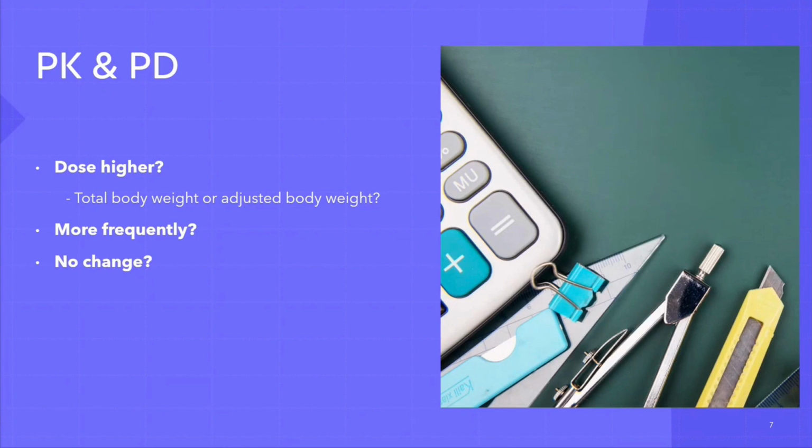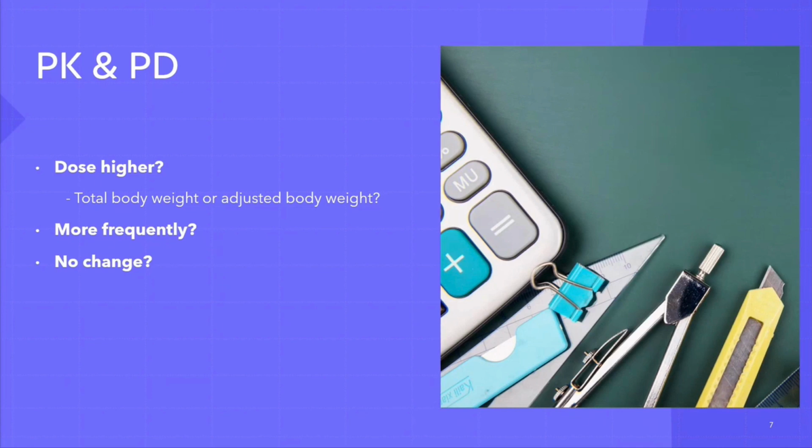Moving into the next part then, the PKPD, or the pharmacokinetics and pharmacodynamics. When I think about this section, I think about three questions when it comes to agents. Do we need to increase the dose of the agent that we're using? And if so, what weight do we use, total body weight or adjusted body weight?